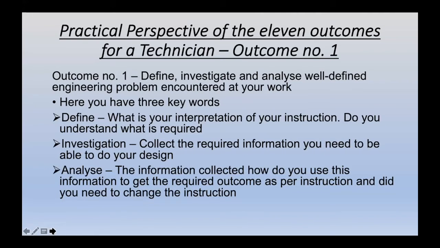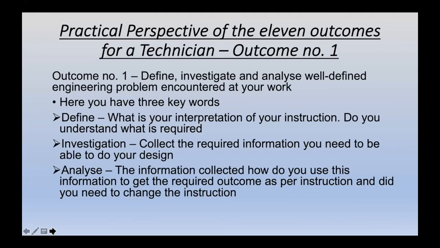Investigation: collect the required information you need to be able to do your design. And analyze the information you collected: how you use this information to get the required outcome as per instruction. And did you need to change that instruction? Was it different to what you originally had in your definition?